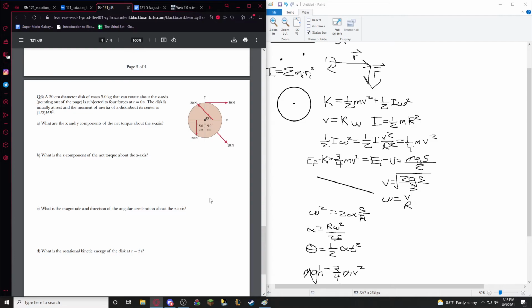Now, how do we find the torque from each of the other forces?